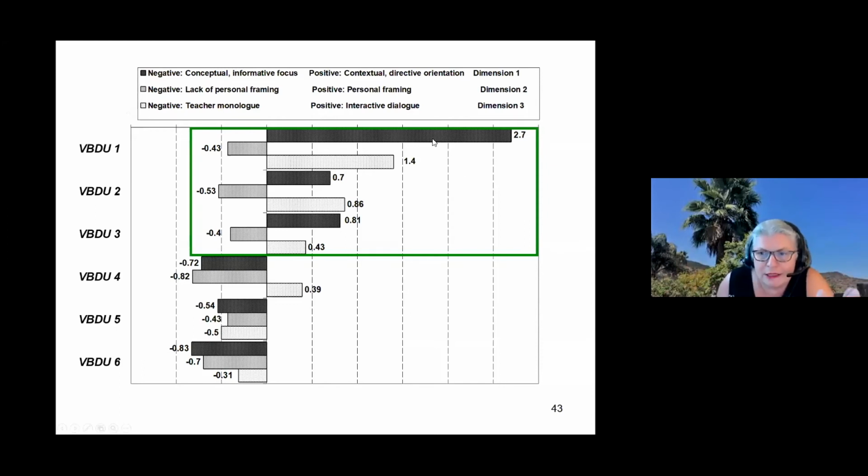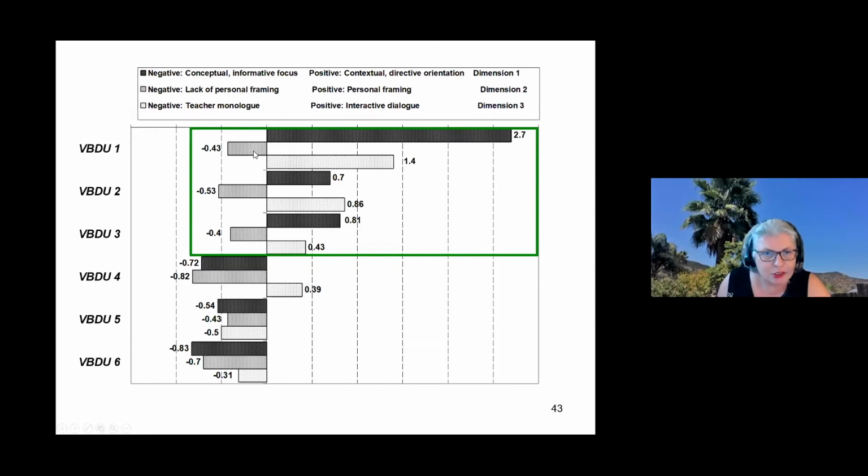So what we notice here is that the very first unit that we just identified and segmented would have very many positive features on dimension 1. So it's a very contextual discourse with a directive orientation, right?